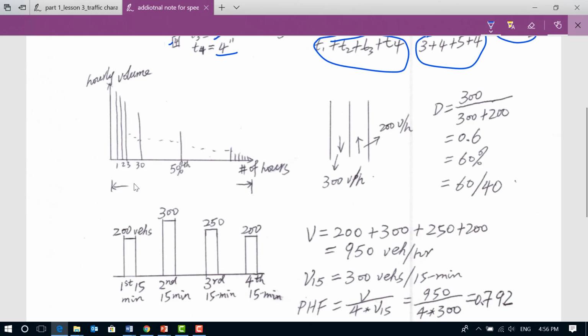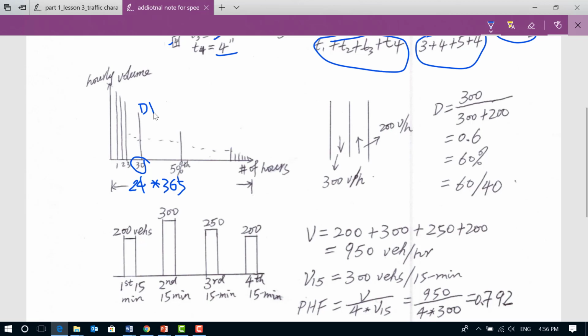For each day we have 24 hours, right? And then for 1 year, usually we have 365 days. So overall we have these hourly volumes. Out of them, the 30th highest represents the design hourly volume.